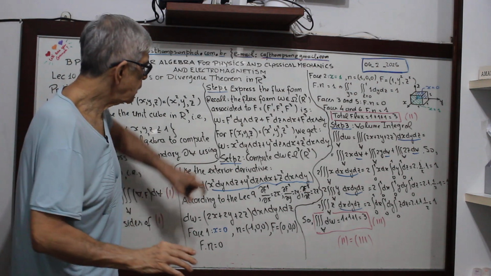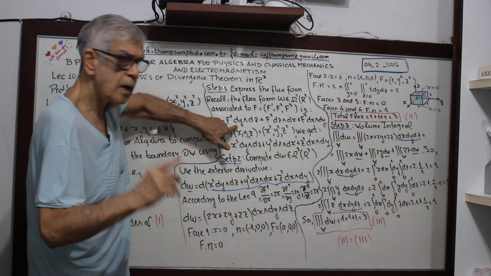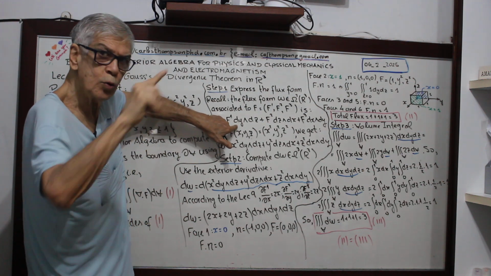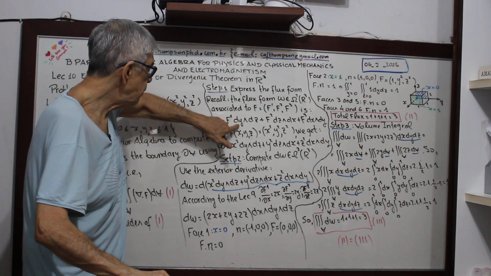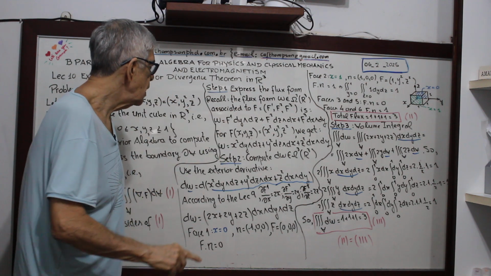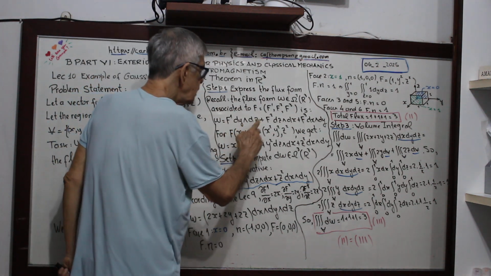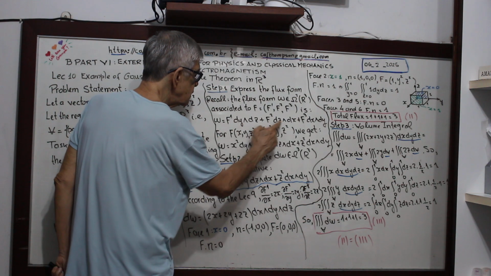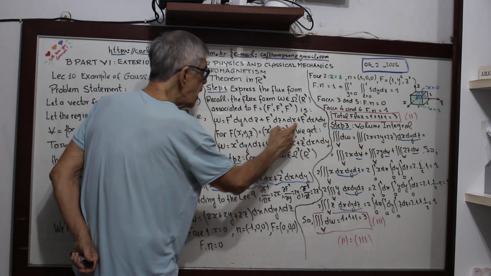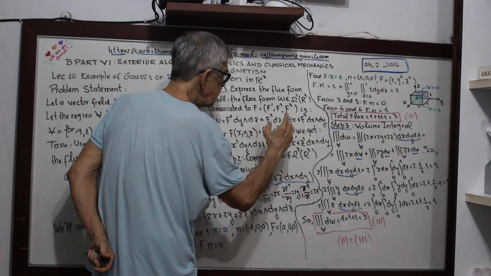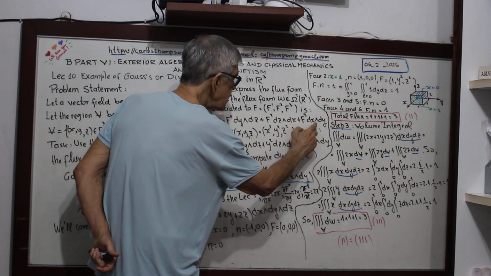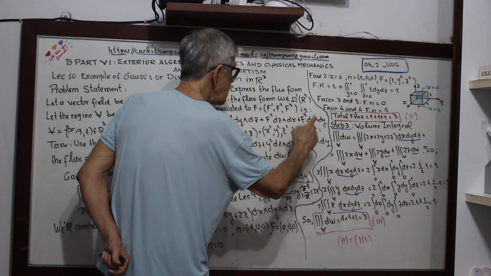Now remember, you permute: the next of dy is dz, and the next of dz is dx. Now you look here and move dz, dx, then dx, dy.